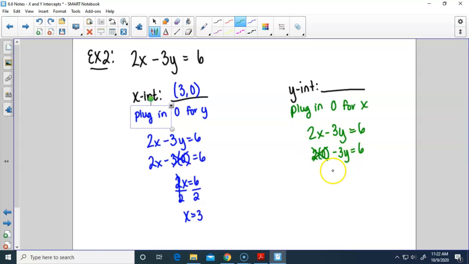That's going to go away. That leaves us with negative 3y equals 6. We can just divide both sides by -3 here, and so y equals -2. There's our y-intercept. So for our y-intercept, our x was 0, our y is -2.